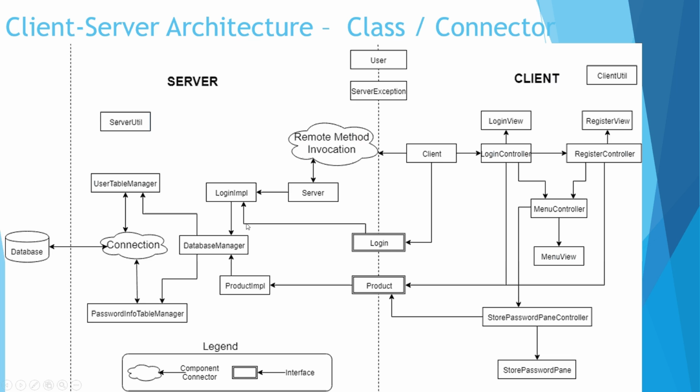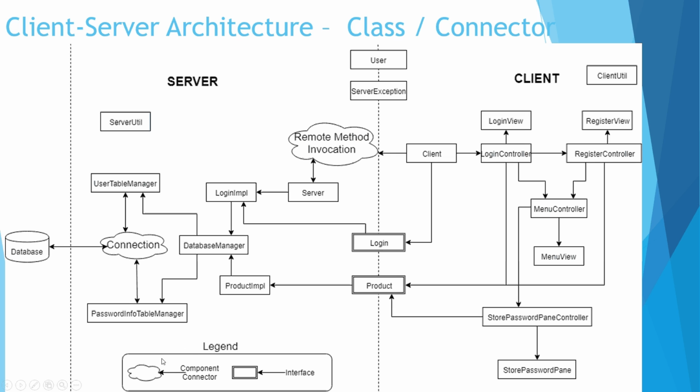And if we look up here, we see we have this login implementation class, which I talked about in the last slide, which is retrieved by the server and passed to the client using this remote method invocation connector here. We also have the server utility class, which is basically used throughout the server. Different utility methods there.